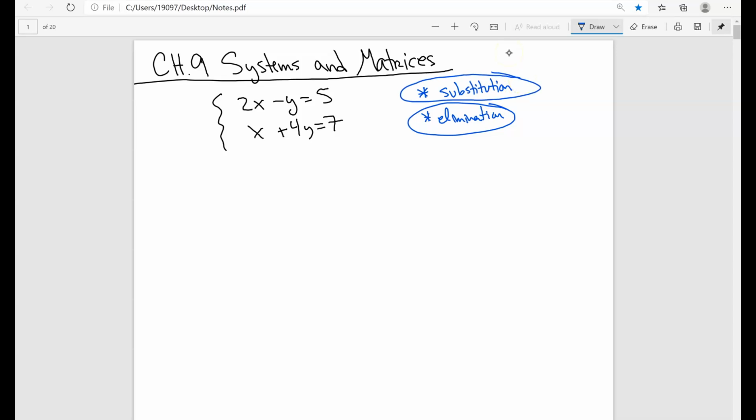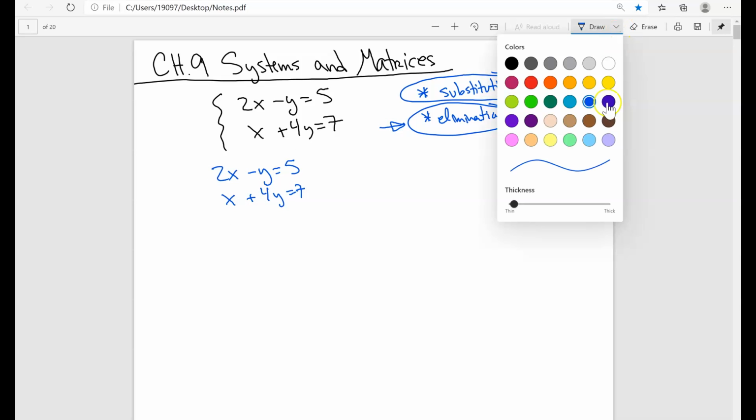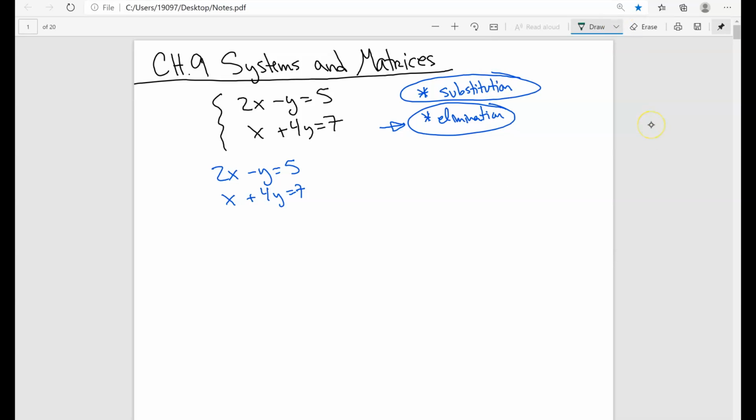Basically the process is that you start off with 2x minus y equals 5, and then write your other equation right below it. What elimination does is that you want to eliminate one of the variables. I can just multiply this y by a 4 and that would go away.